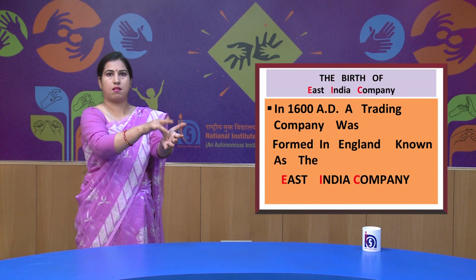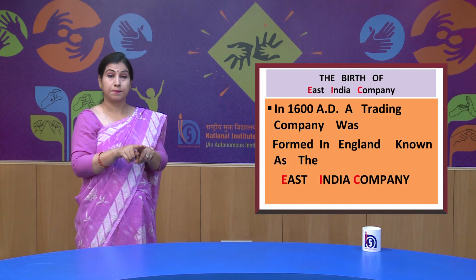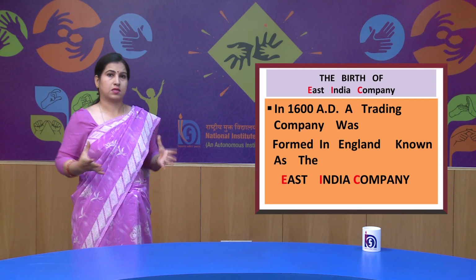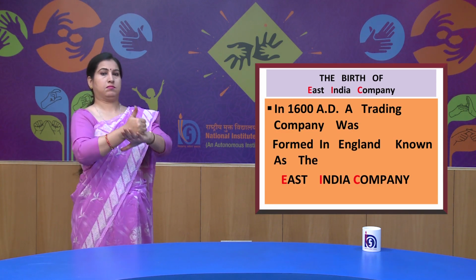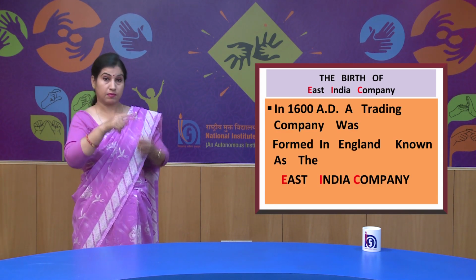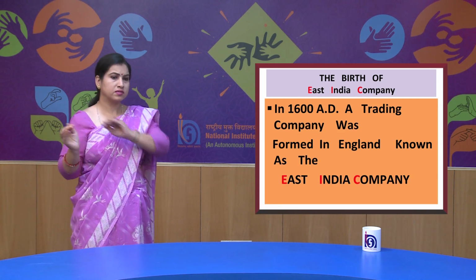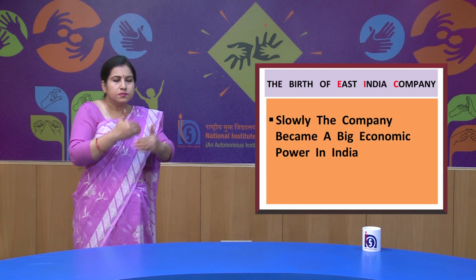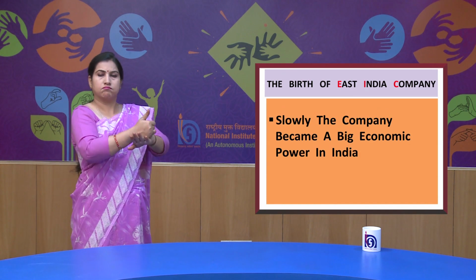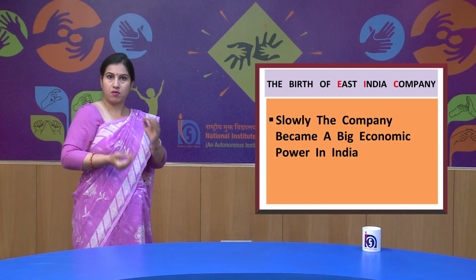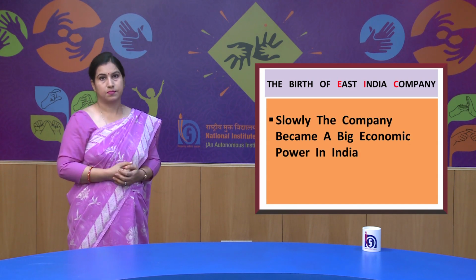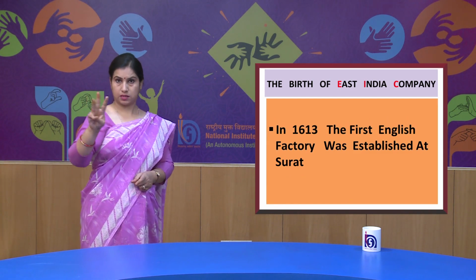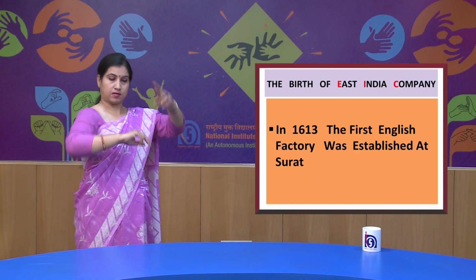In England, a trading company was formed in 1600 AD known as the East India Company. This company had the support of the British government. Slowly, the East India Company became a big economic force in India. In the year 1613, the first English factory was established at Surat.